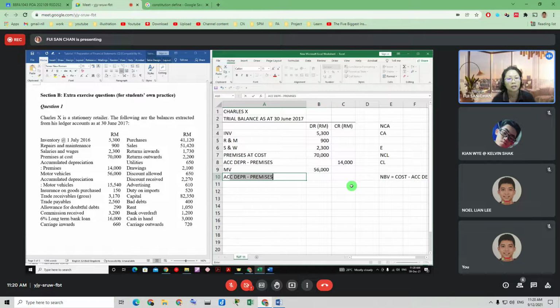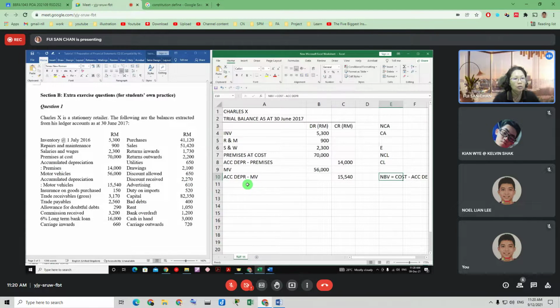Okay, then here, this one is motor vehicle, so all the accumulated depreciation must be on the credit. So you understand why? Because you want to find net book value, cost minus accumulated. If you put accumulated debit, then how to find net book value? So that's why it's the other way around. One debit, one credit. That's why you can get the net.